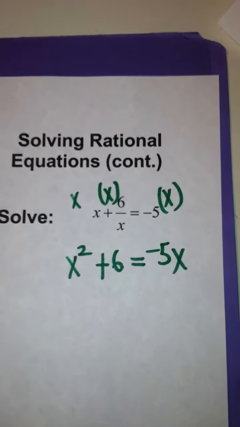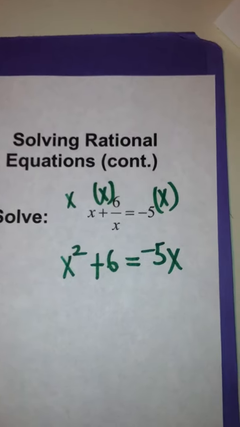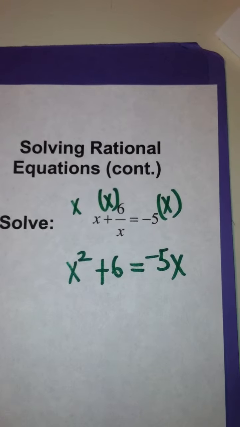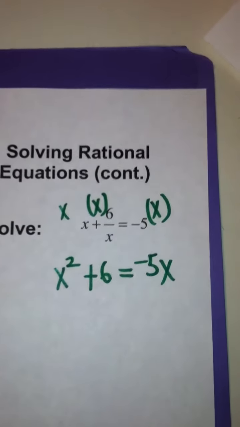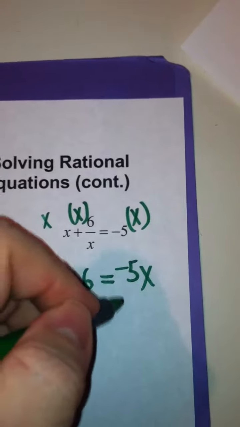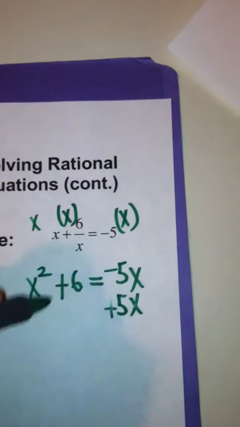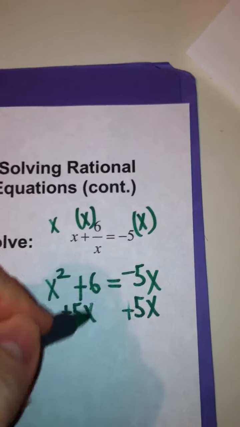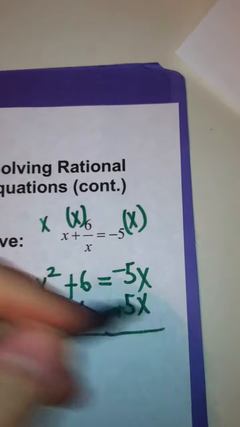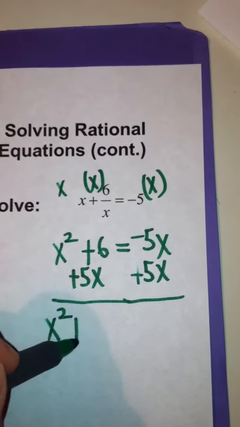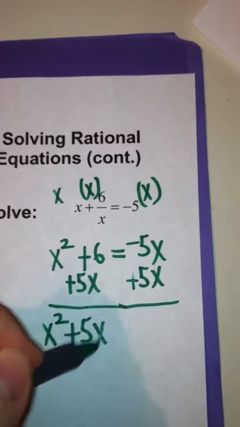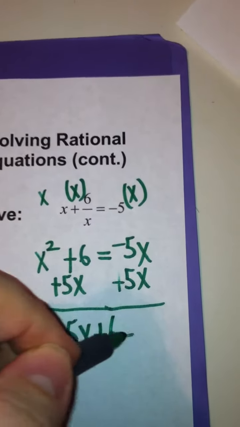This kind of looks like a trinomial, but we need everything on the left-hand side. To accomplish that, add 5x to both sides. So we have on the left hand side x squared plus 5x plus 6 equal to 0.